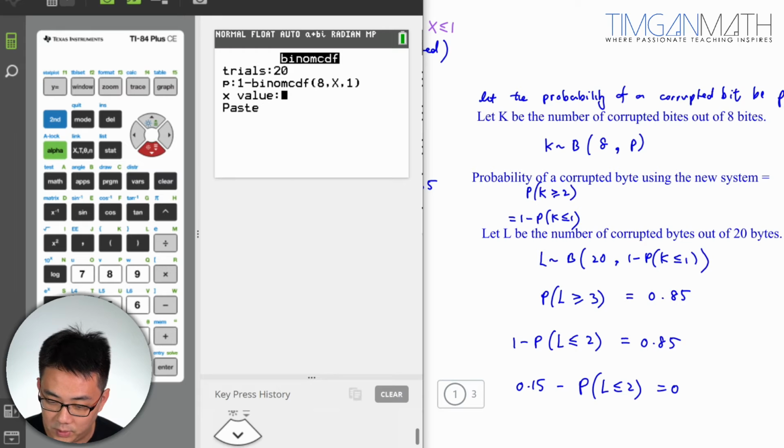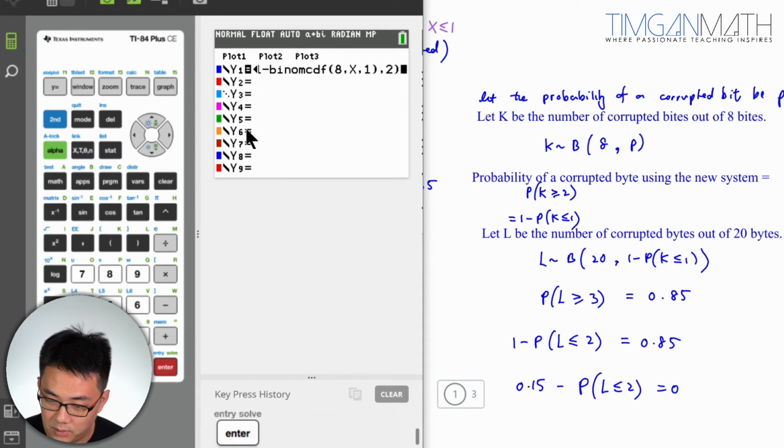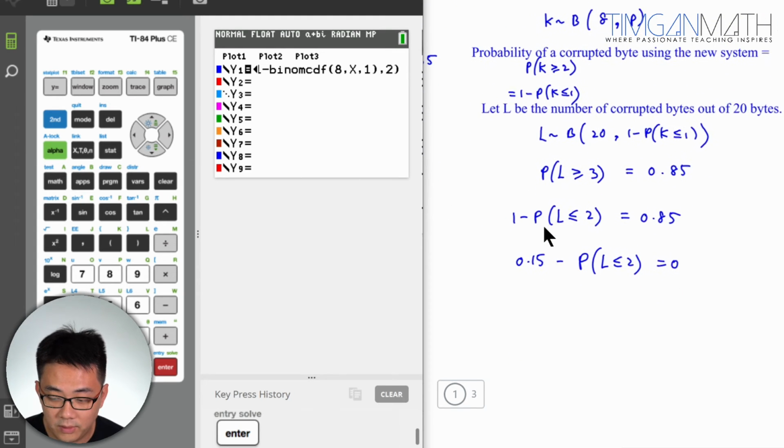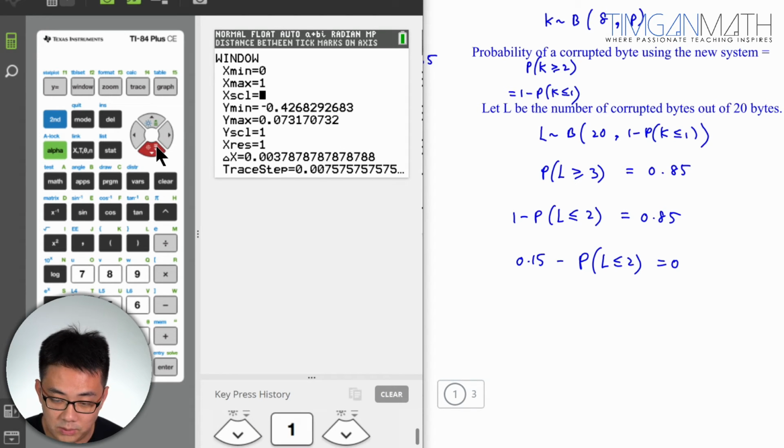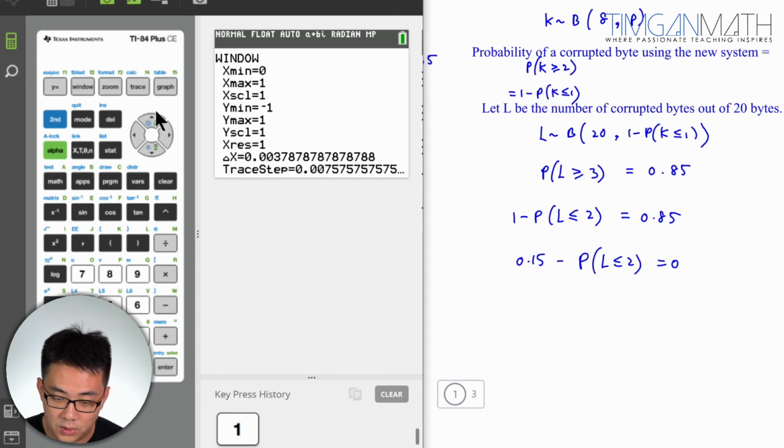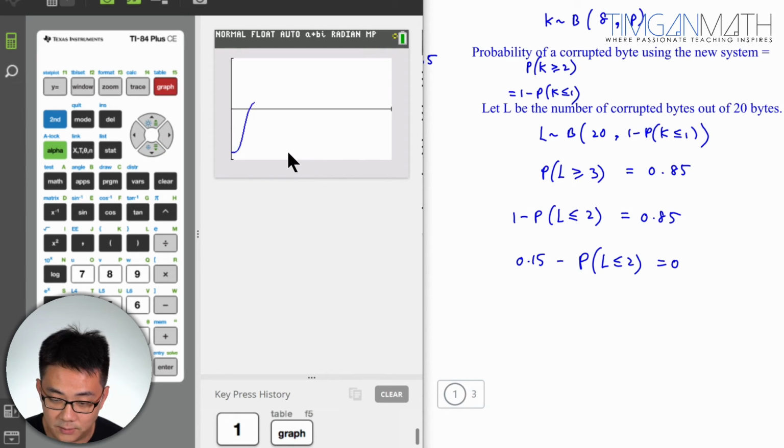The X value here will be 2. Okay, so there you go. Paste it. Right, now you are solving for X, which is actually the probability. So it's right to just put this as 1 and 1. Then zoom the area there and find the answer. Okay, so this will be our answer here.